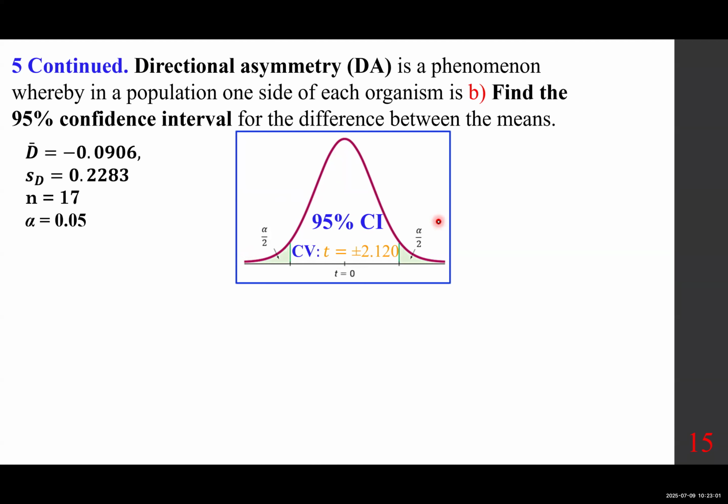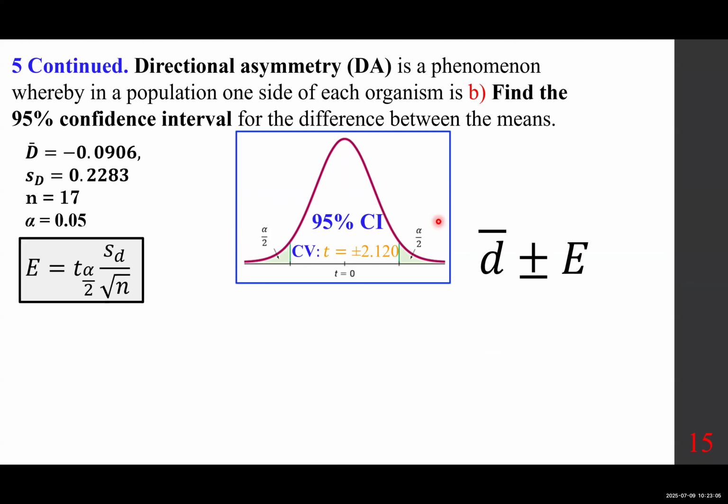So we are going to calculate the E, D bar plus minus E, where E is T times S over square root of N. So 2.120, S is this one, square root of 17. And that gives us 0.01174. So the answer is D bar, which is negative 0.0906 plus minus this number.